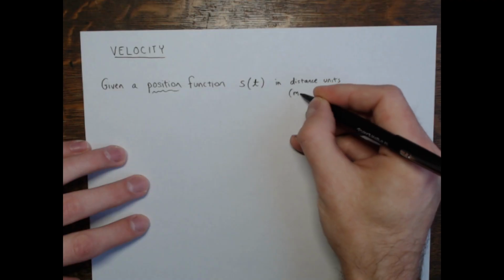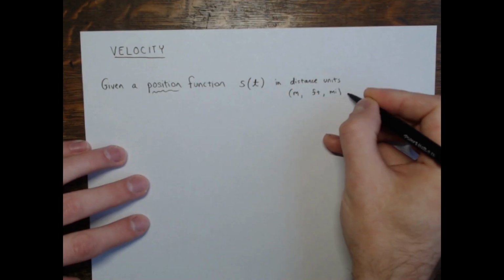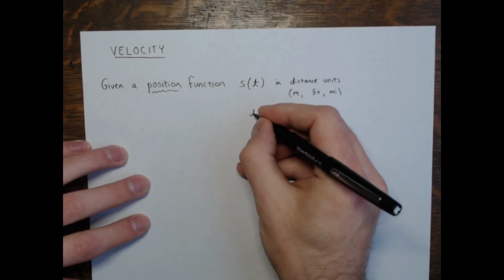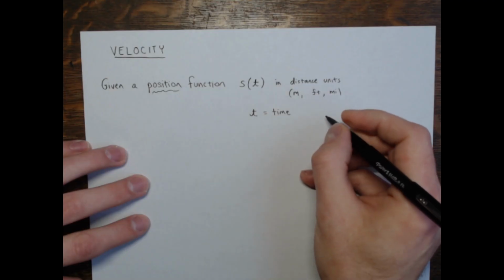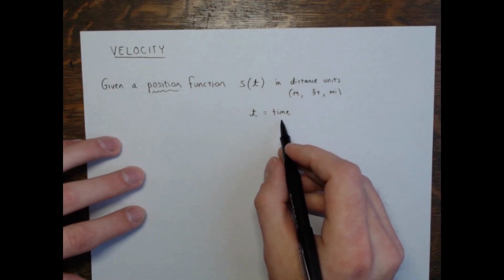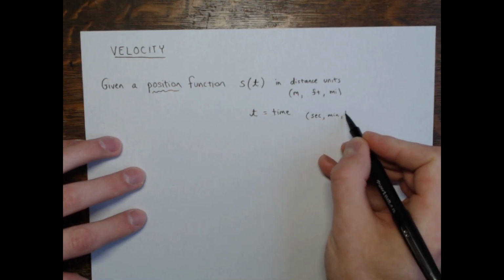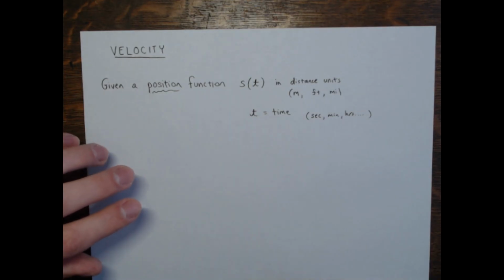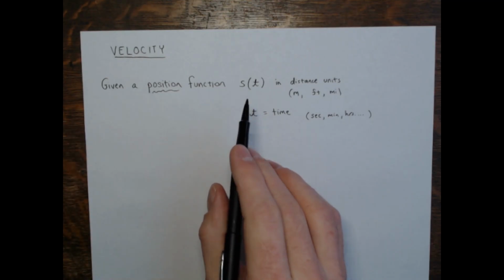So this could be meters or feet or miles, whatever. With S of t, t represents how long you've traveled, the time, and this could be in seconds, minutes, hours, days, whatever, years. So you have a position function given.